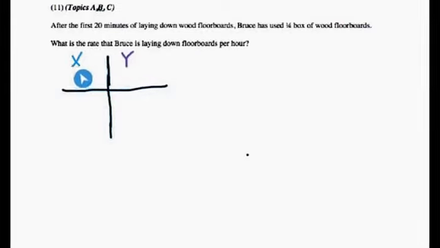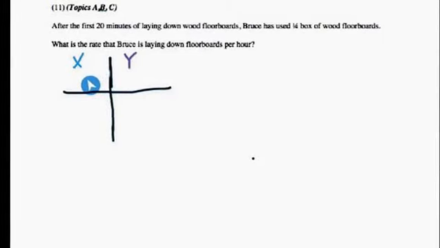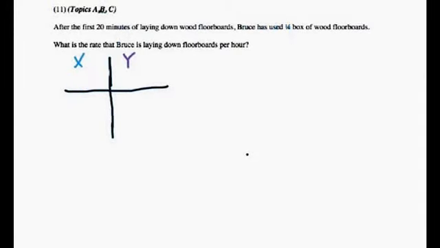So first of all, what will be X? Minutes or boxes? So maybe a better way to phrase that question would have been time, really. What would be X, time or floorboards?